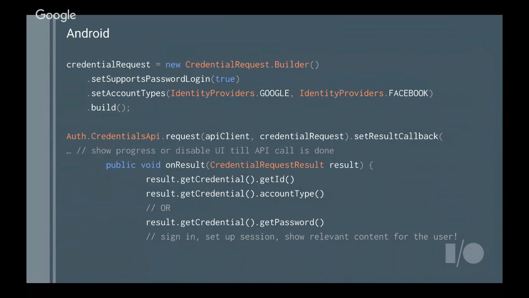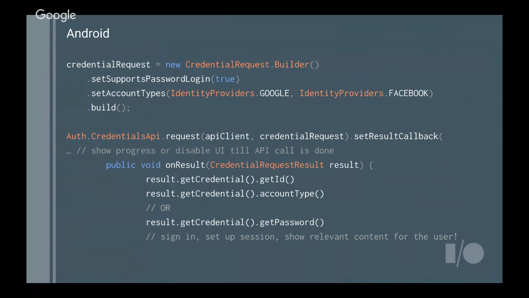Or it's what we call a hint, a type of credential that says who the user is in terms of their user ID, but that they have an account type based on Google or Facebook, and you'll need to obtain a token for that account type from the provider of that identity, going to the Google or Facebook SDK to obtain a token for the given user.